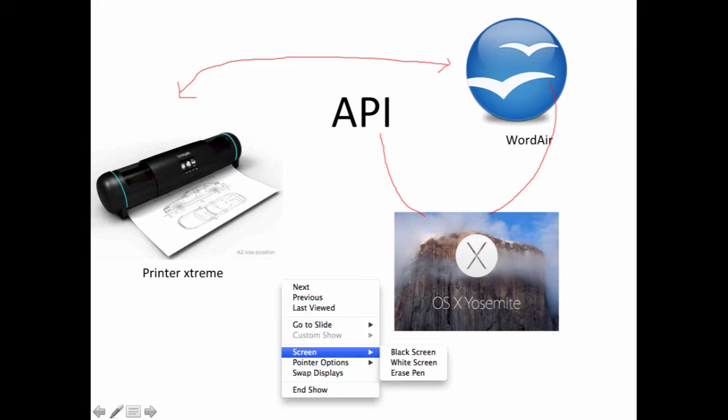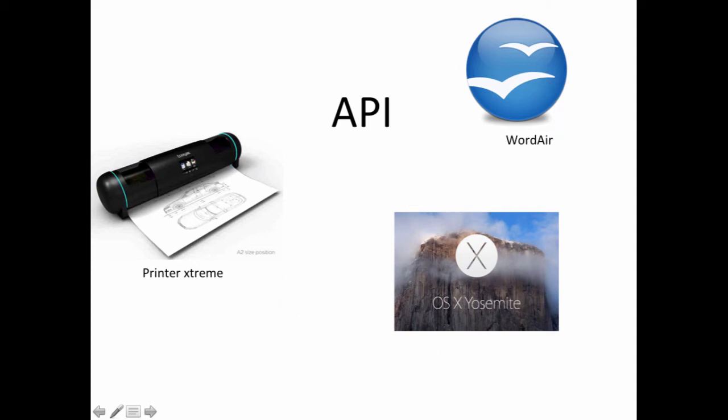If there was no API, then the developer of WordAir may have to completely revamp and reprogram this application software in order for it to work with this printer.